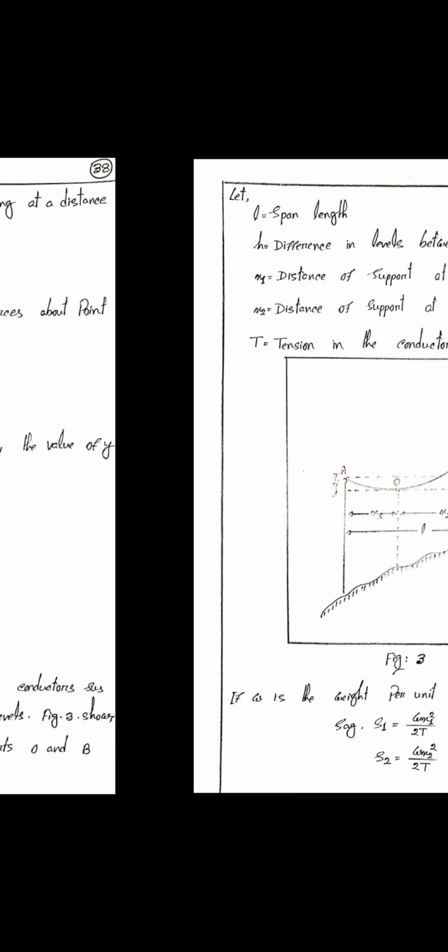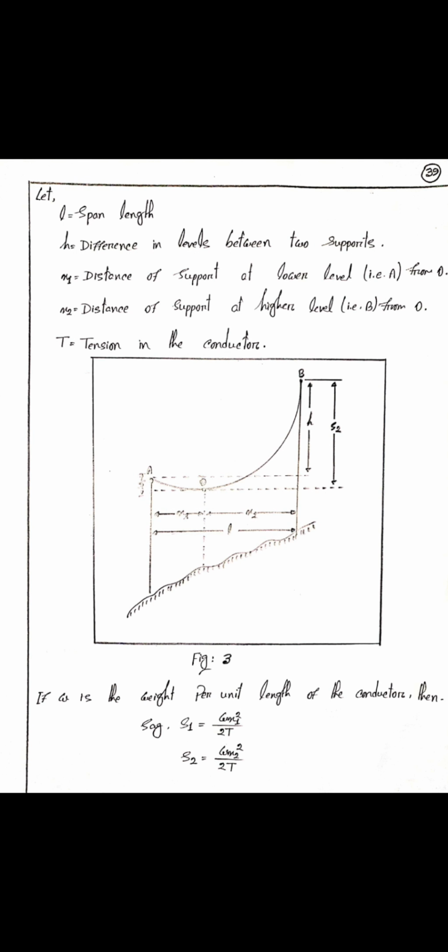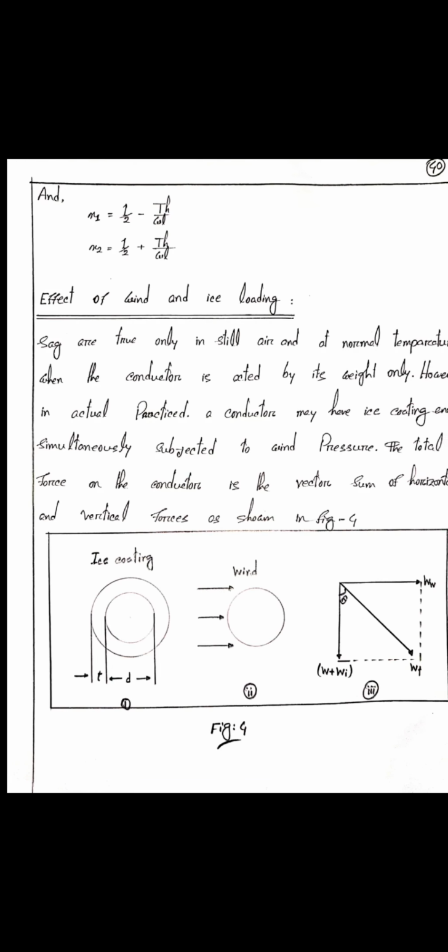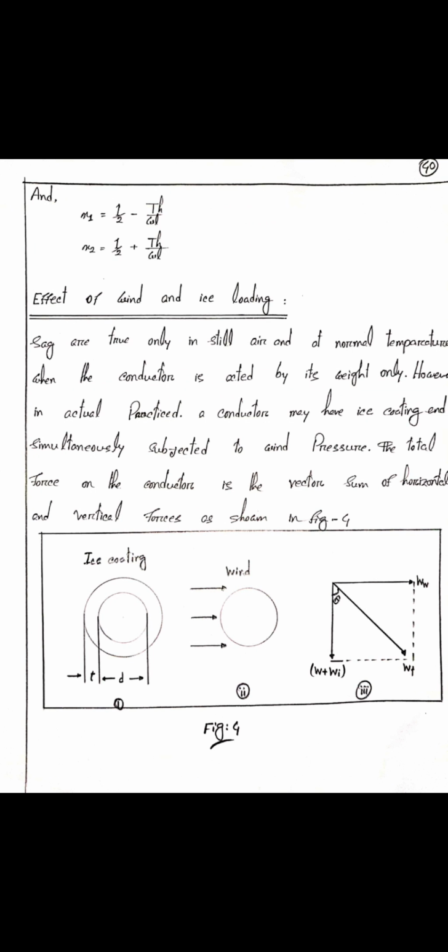Sag equals w times (L by 2) whole square by 2T, that is wL square by 8T, when supports are at unequal levels. Here is the figure. Effect of wind and ice loading. The sag formulas are true only in still air and at normal temperature, when the conductor is acted upon by its weight only.